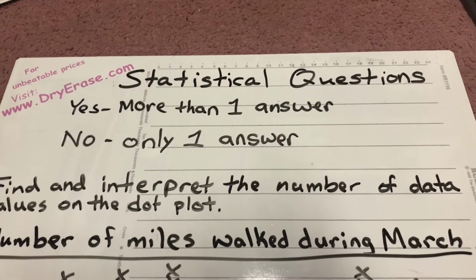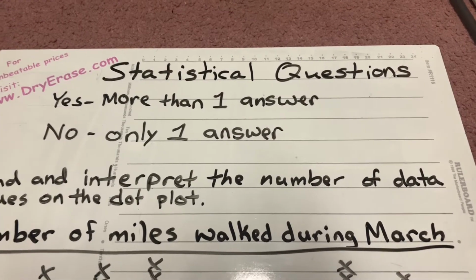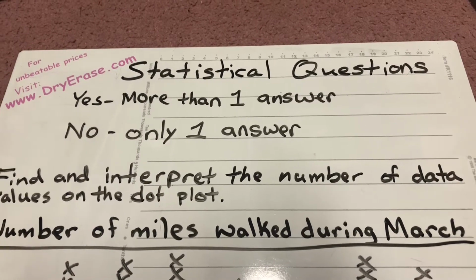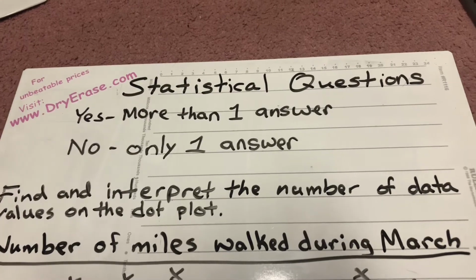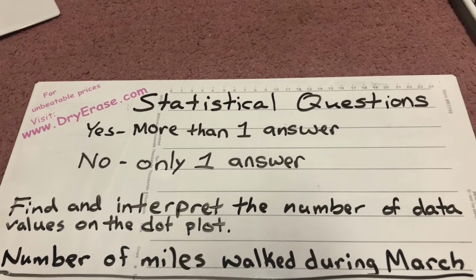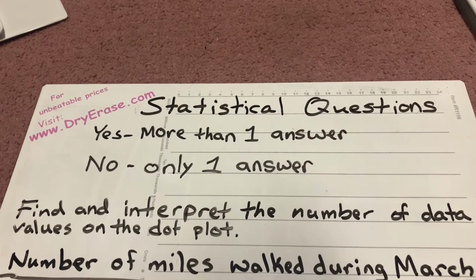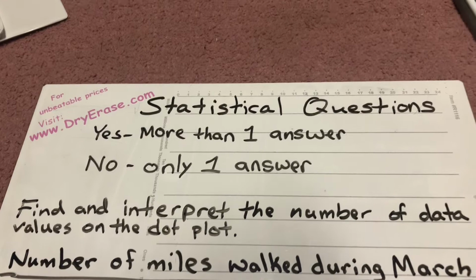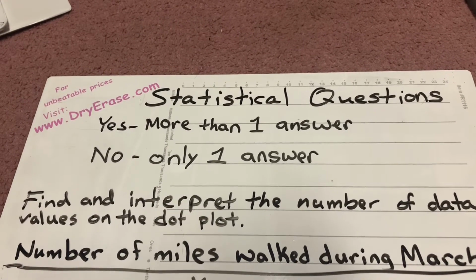And then you have to write an example of a statistical question, and you have to give a non-example of a statistical question. So an example of a statistical question might be, what are the models of cars that Toyota produces? Well, Toyota has many cars, like the Sienna and the Camry and the Corolla.